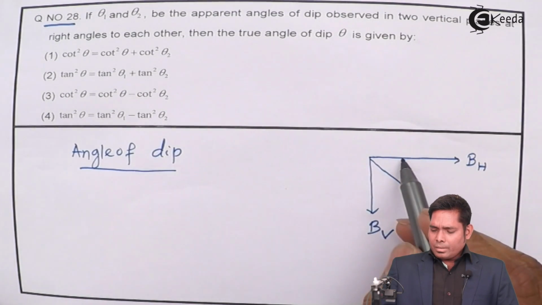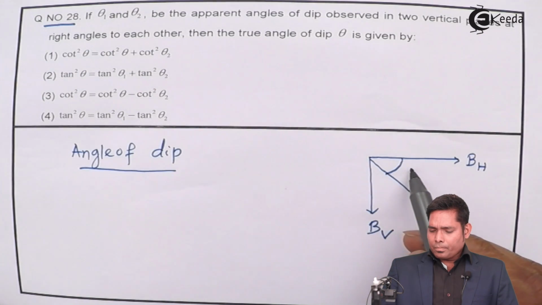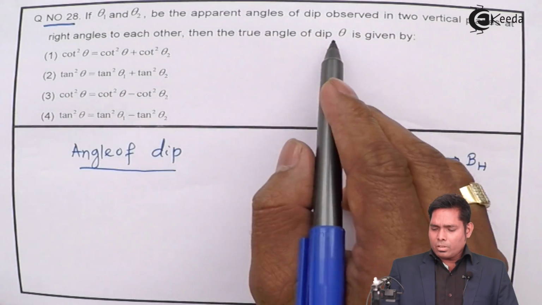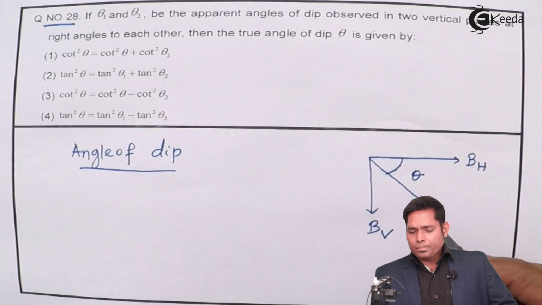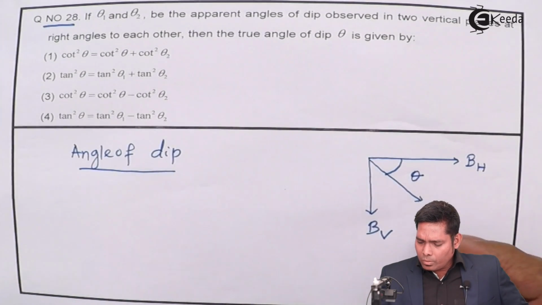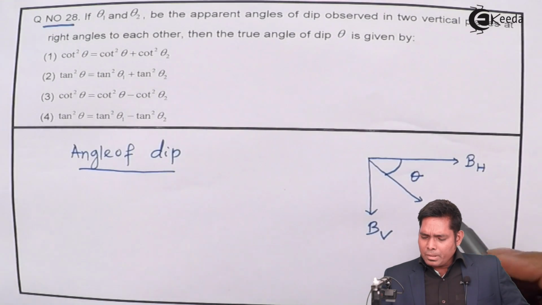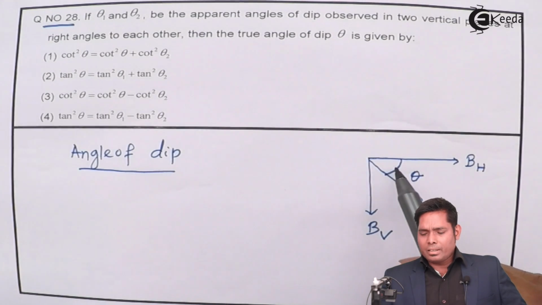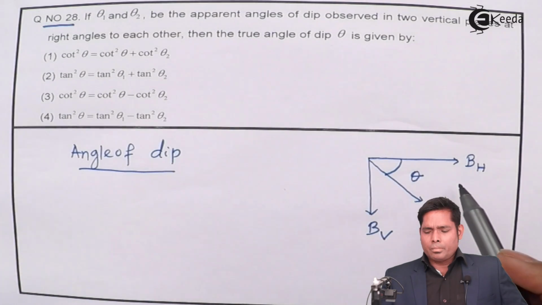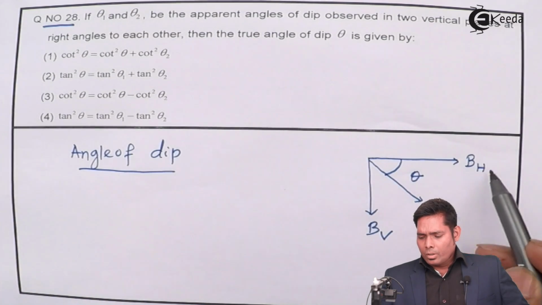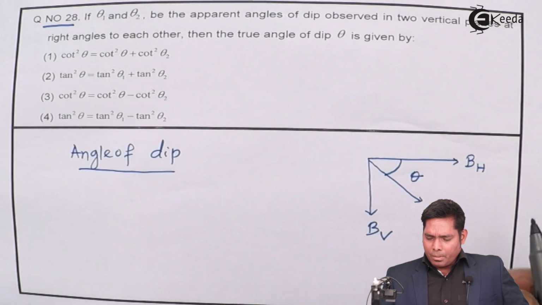So this angle is basically the angle of dip. This theta is called angle of dip. Angle of dip is the angle made by the resultant magnetic field with respect to the horizontal magnetic field.